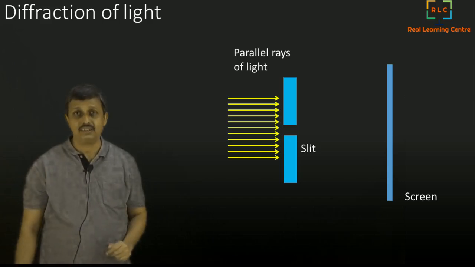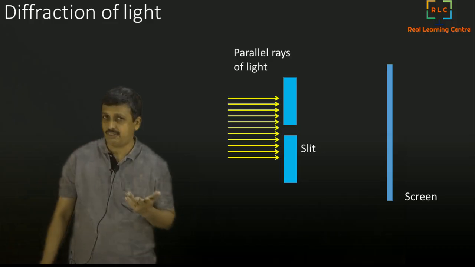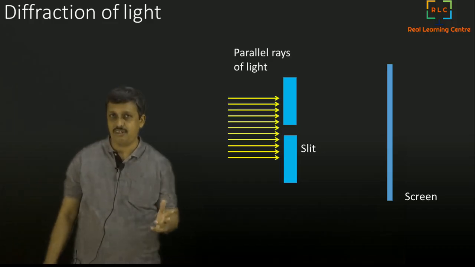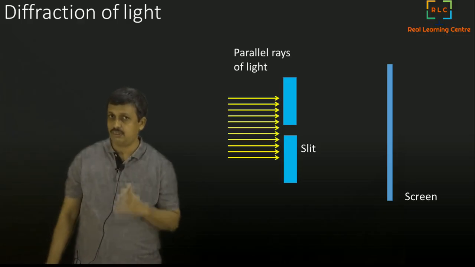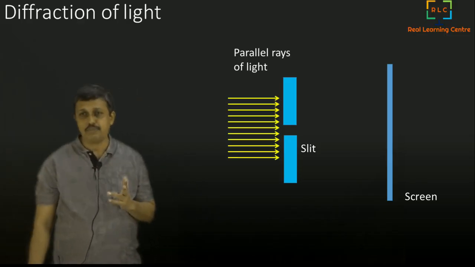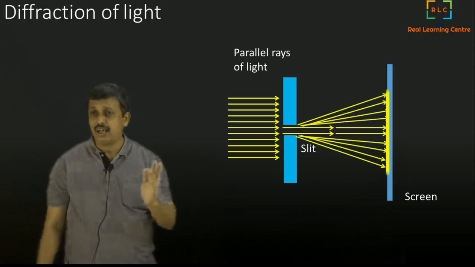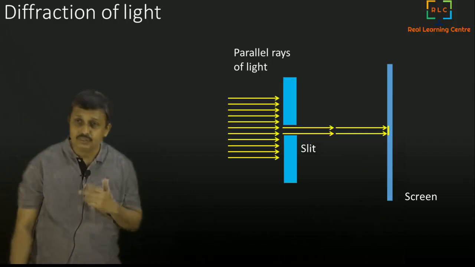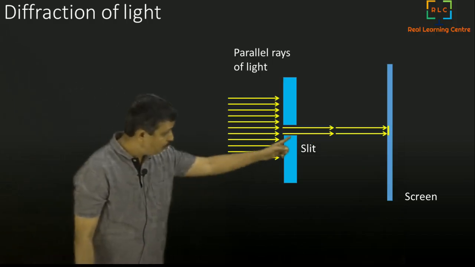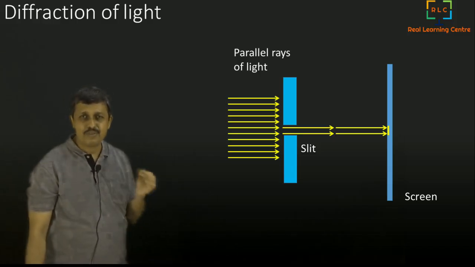So when that happens, this light, when it goes through this, what do we assume will happen? What is our expectation? We know that light travels in straight lines. So what is our expectation? Our expectation is that the light goes through the slit and creates a small image, a small light lit up there in the middle of the screen.